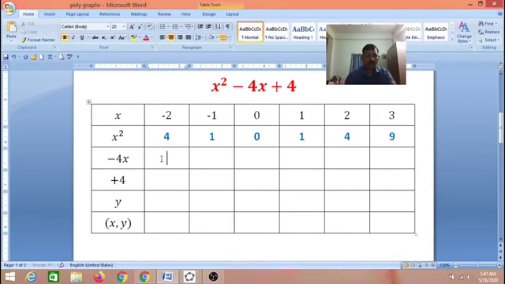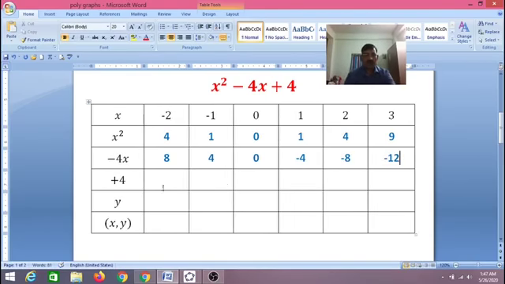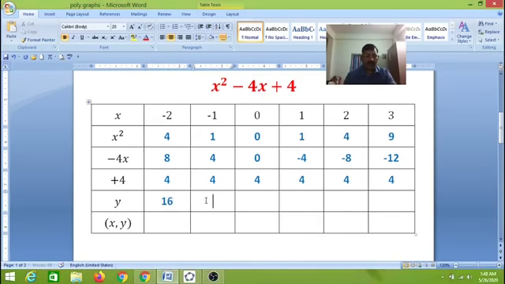Then minus 4x: minus 4 into minus 2, 8, minus 4 into minus 1, 4, then 0, then minus 4 into 1, minus 4, then minus 8, then minus 12. Of course 4 is a constant throughout.